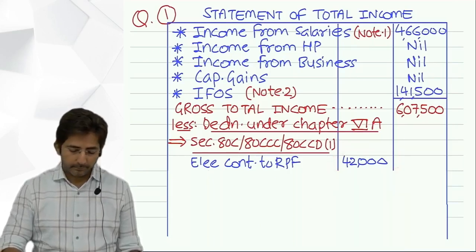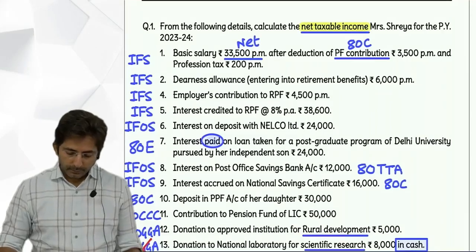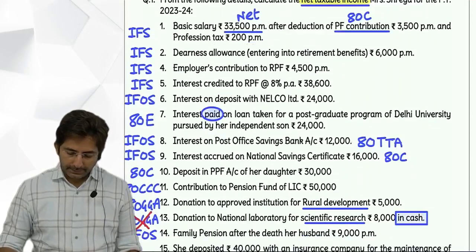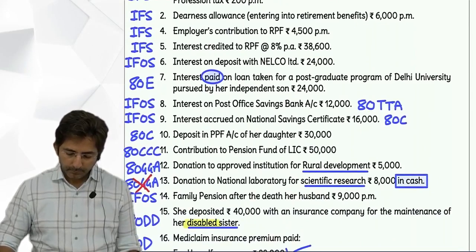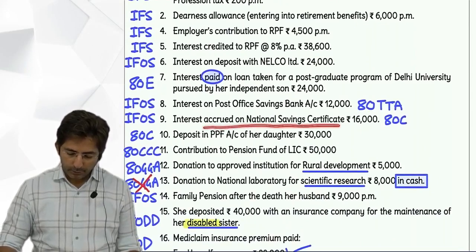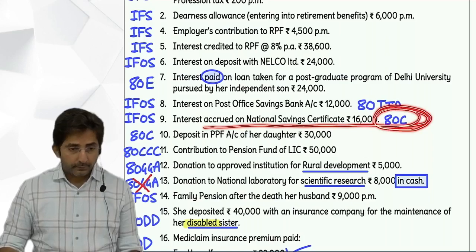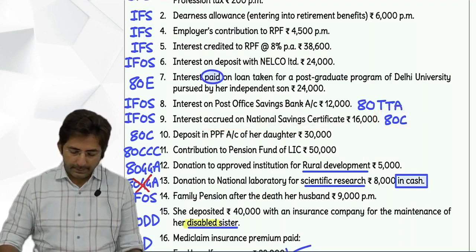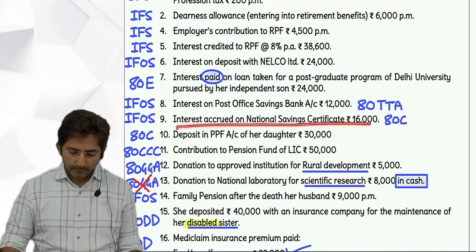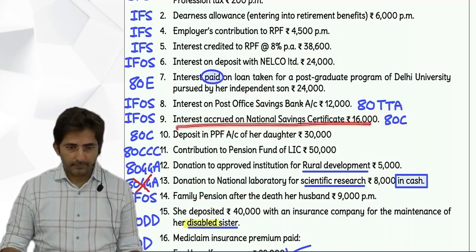Then we are searching 80C items. No, this is there, interest on National Savings Certificate. Even this comes in 80C. Consider that interest on National Savings Certificate.